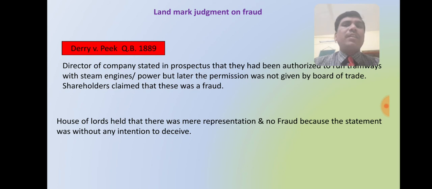It means that the directors of the company no doubt stated falsely in their prospectus that they had been authorized to run the tramways on steam engines, but actually they had not got the permission. So it was a misrepresentation, and it is not a fraud, because there was no intention to deceive the other party. This is a very important landmark judgment of the House of Lords regarding fraud.